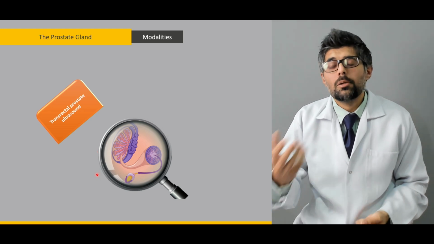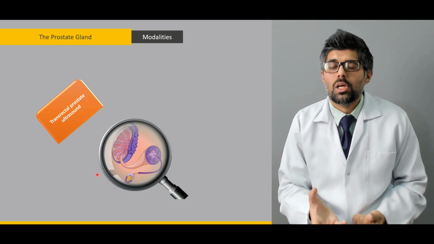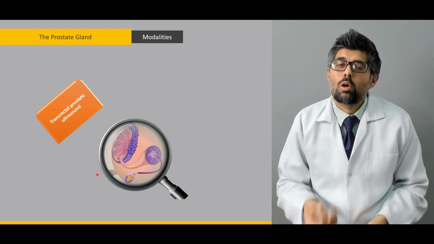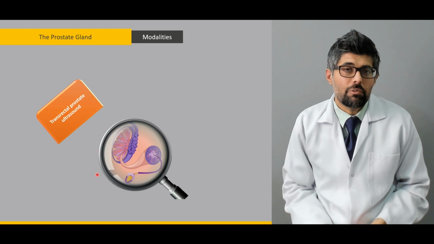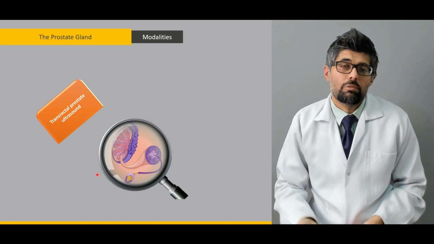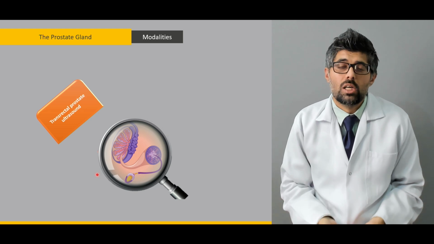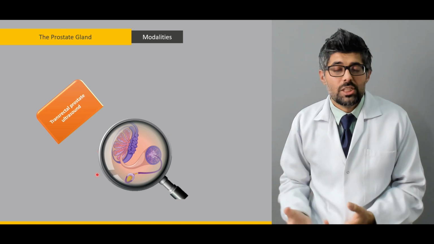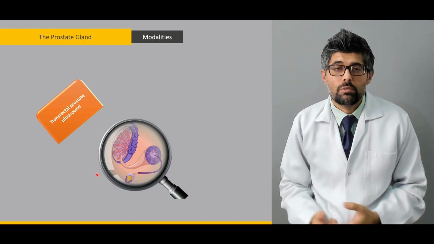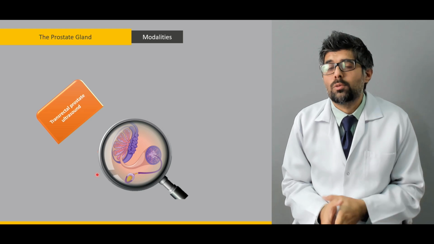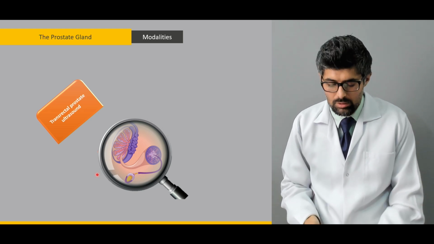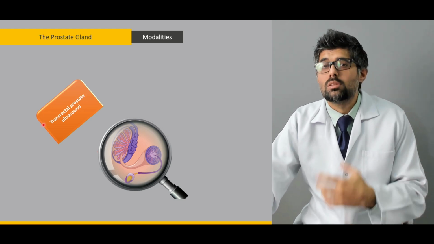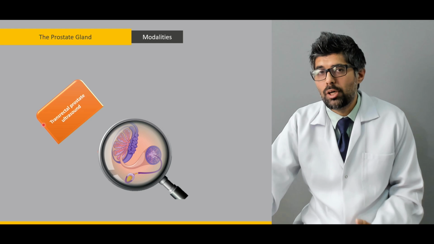Not only can it be confirmed, but this modality can also be used to take a biopsy of the prostate gland to confirm the diagnosis of either BPH or carcinoma, or if carcinoma is suspected, what stage it has, what kind of cellularity it has, all of those can be determined. So this particular modality is of particular use in interventional radiology.